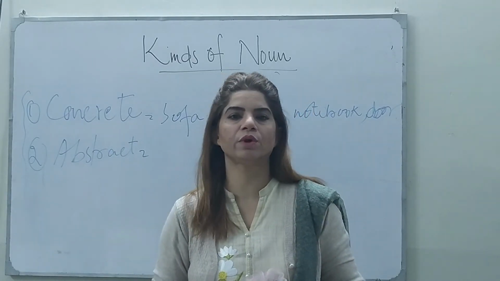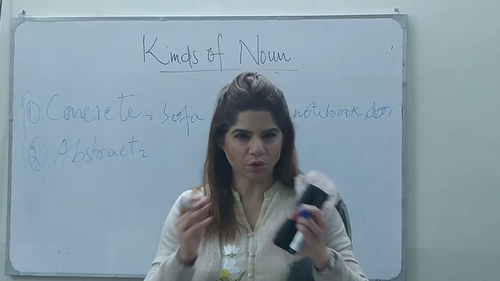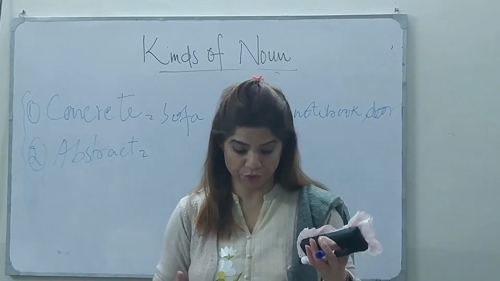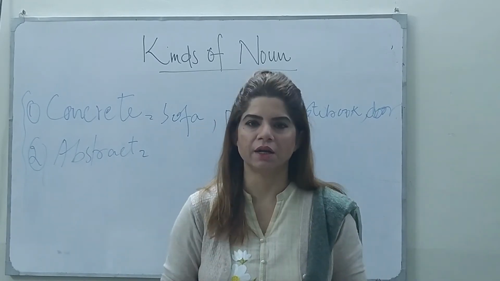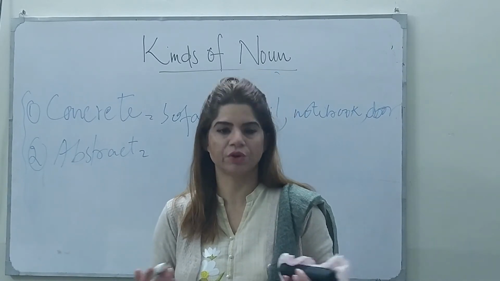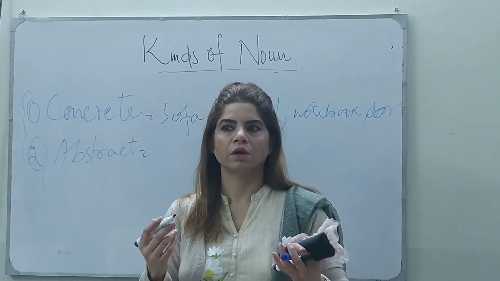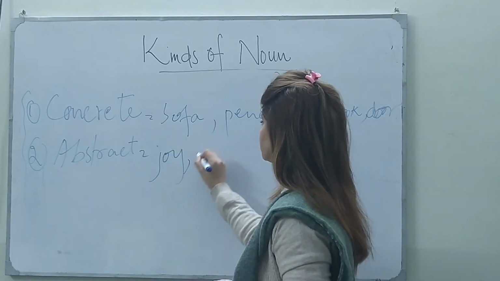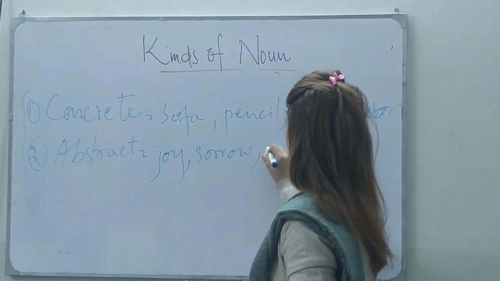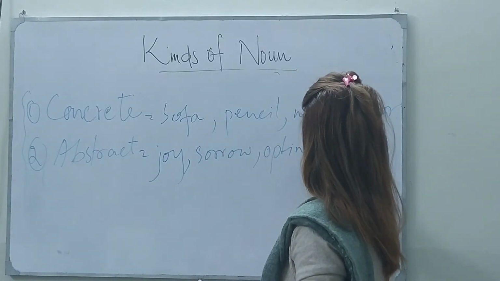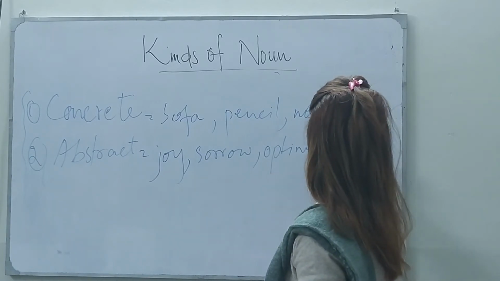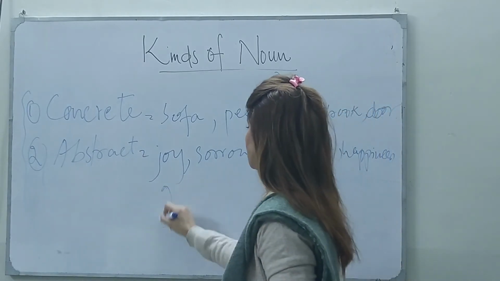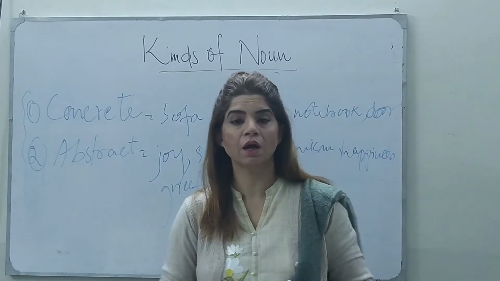Abstract noun is what you can just feel, and you cannot feel it with your hands or your eyes. You can just feel it by your heart, like happiness, grief, sorrow, joy, optimism. They are the kind of things that you just feel.